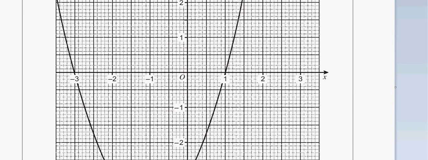I know that it runs at 45 degrees as long as the x and y axes are scaled the same.